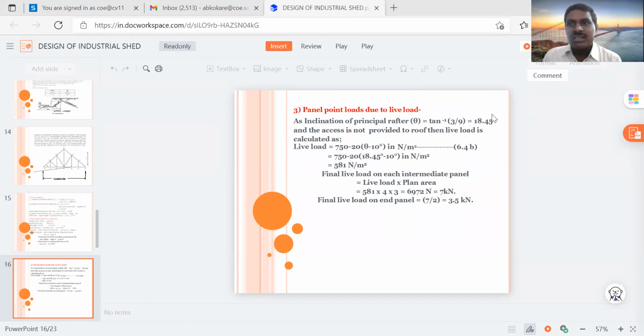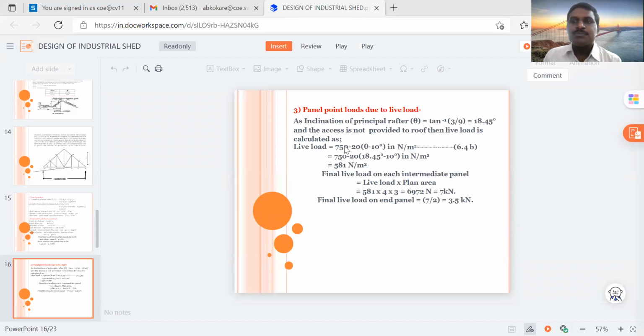Now we check whether it is less than or greater than 10 degree. If theta is less than 10 degree, we have to take 1.5 kilonewton per meter square of plan area, and if theta is greater than 10 degree, then we have to take 0.75 kilonewton per meter square. So here theta is 18.45. Then the live load we have to calculate is 750 minus 20 into theta minus 10 degree, by using this formula.